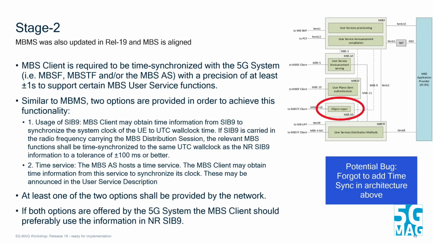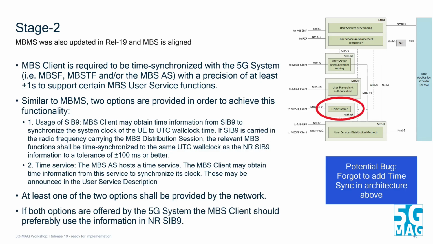We allow a second option, and that is what was allowed in MBMS before, but it was referring to an SNTP service. And we identified it was a bit underspecified. It was more like, okay, there is an SNTP maybe somewhere. Good luck and find it. So now we have the ability to do things.